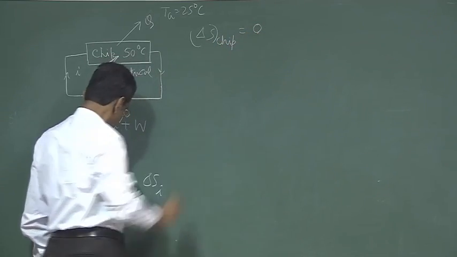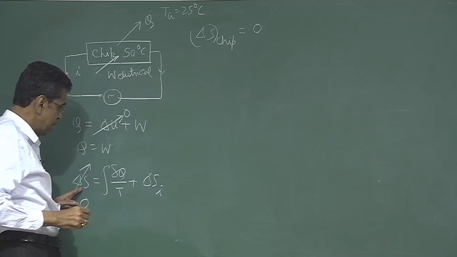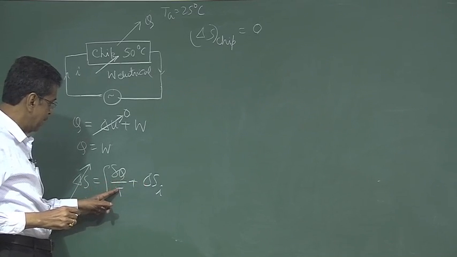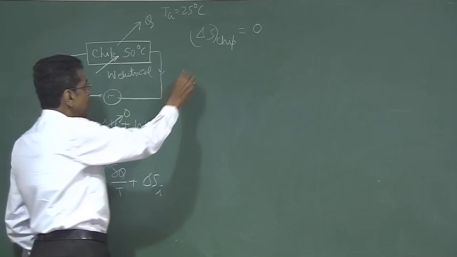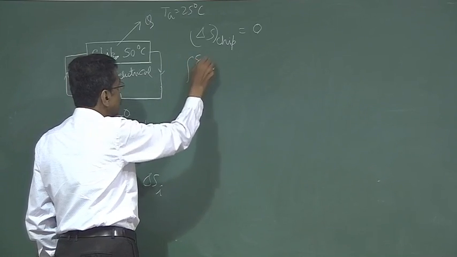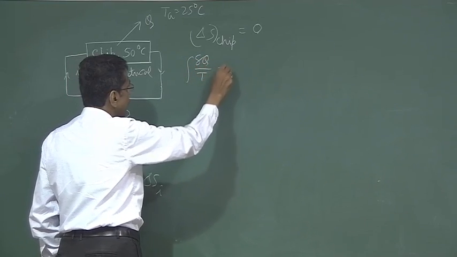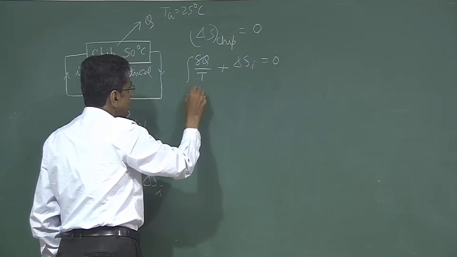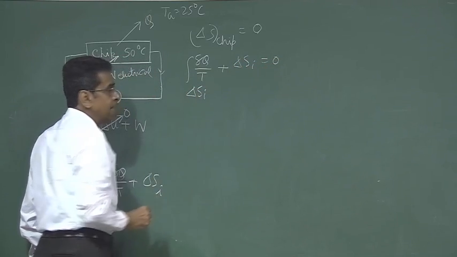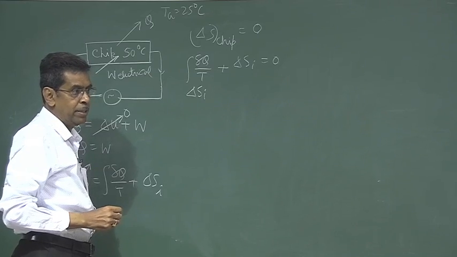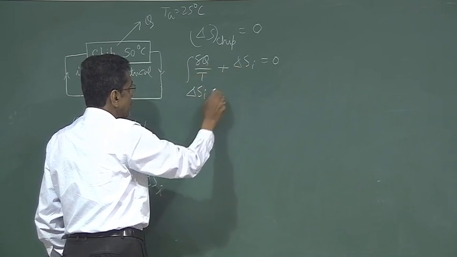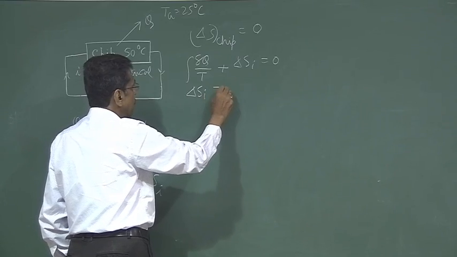equal to 0. Since it equals 0, delta S_I is delta Q by T. Now, in this case we can write delta Q by T plus delta S_I is 0. Or delta S_I, that is the entropy change due to internal irreversibility, is equal to, this is first I am writing, this plus this.